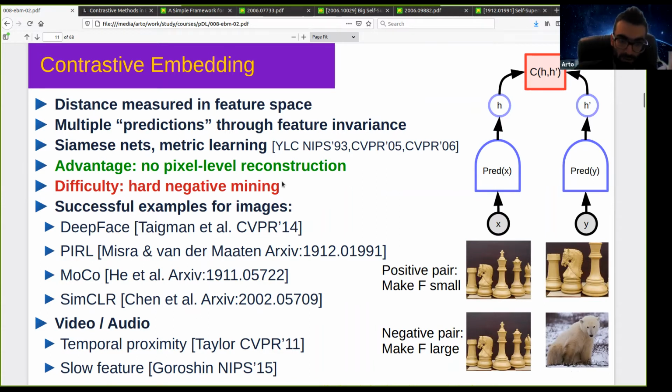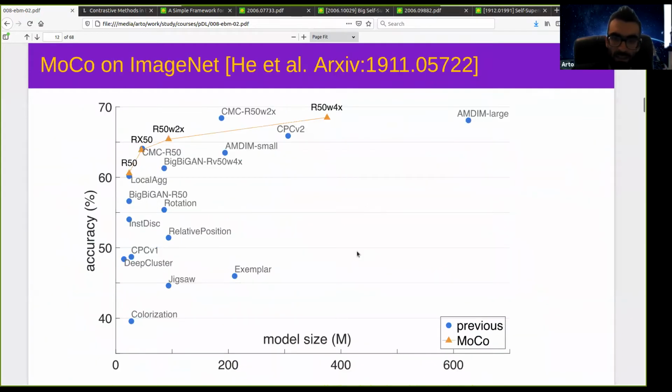And there are a number of approaches to this, and there is progressive success in applying these contrastive methods recently.